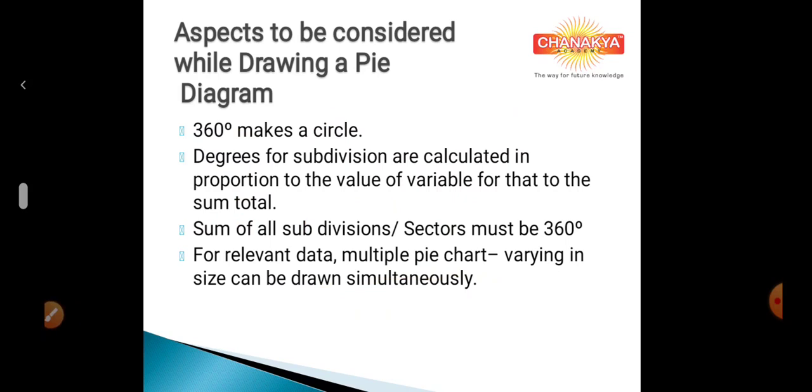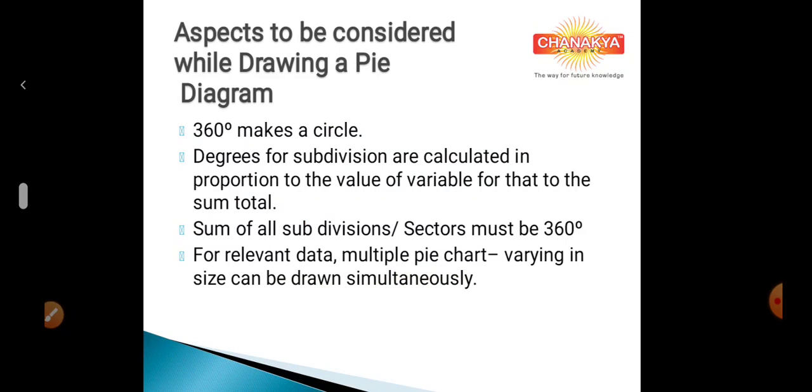As already discussed, a pie chart consists of 360 degrees. So we must know that when we are making a pie chart, the sum total of all the variables when converted to degrees must total 360 degrees.